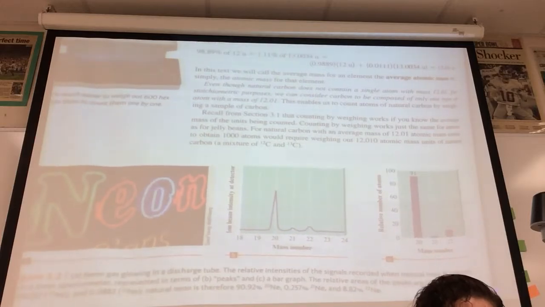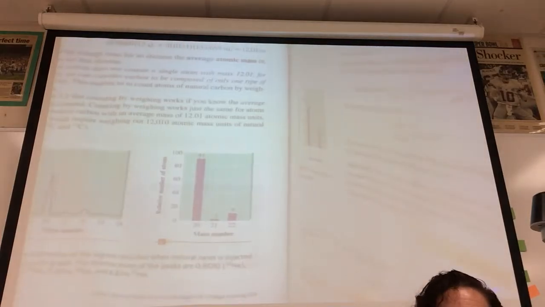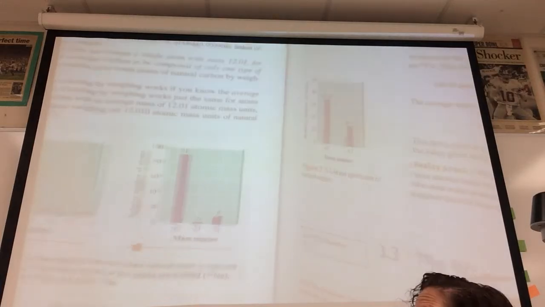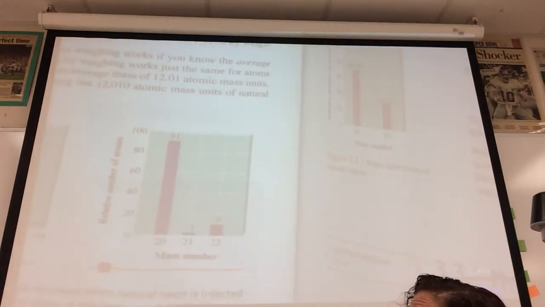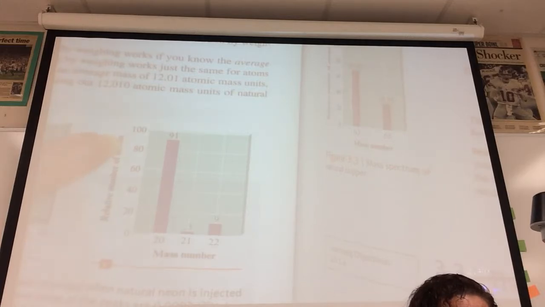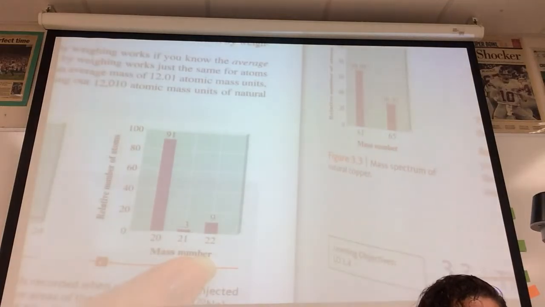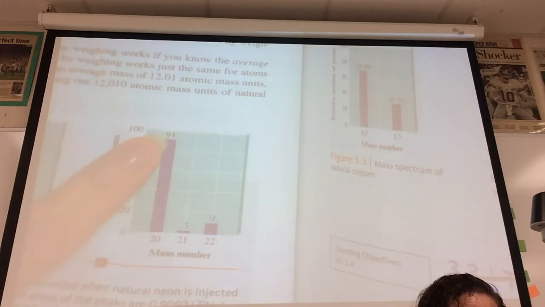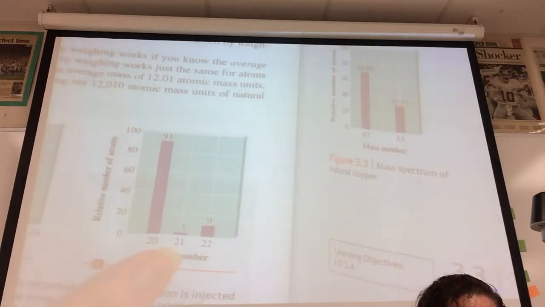What you more commonly would see is the bar graph shown here, and what you're looking at is the relative number of atoms versus the mass number. And you can see that neon-20 is the most abundant with a percent abundance of about 91, and the least abundant of the isotopes is neon-21 with a percent abundance of only about 0.3.